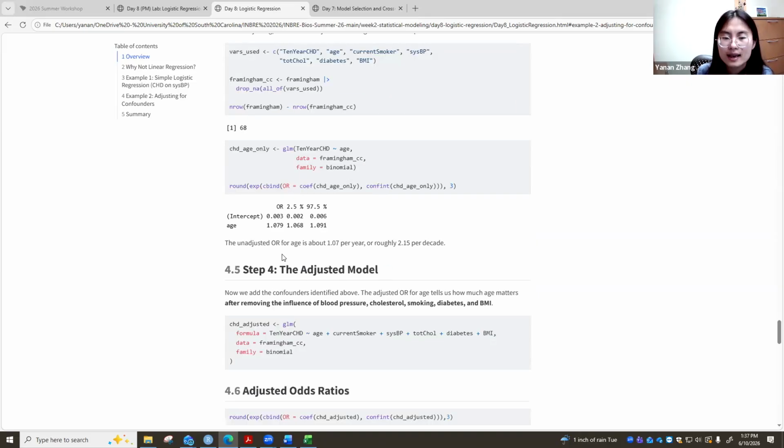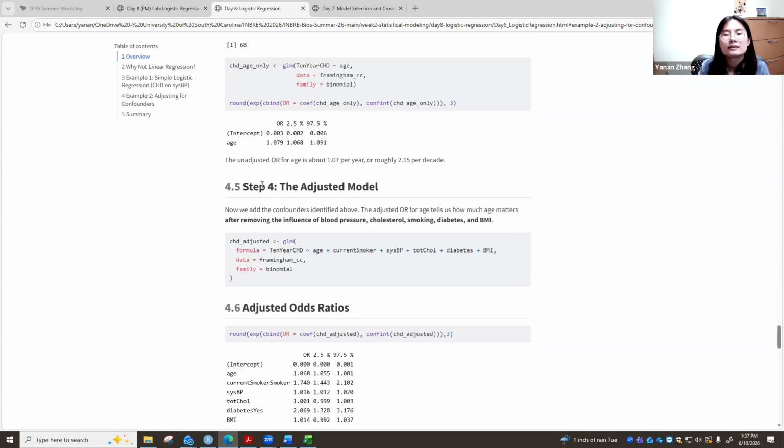With 1 year increase in age, the odds of coronary heart disease will multiply by 1.08. That's the interpretation.